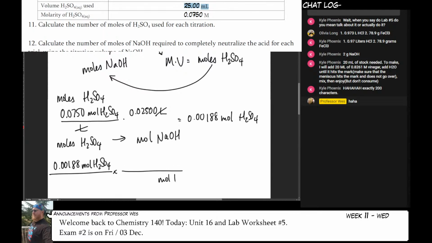And we do that just like all those problems that we've been doing in Unit 16. So I go find the balanced chemical equation, and I've already erased it, but if you write it down, you should remember that there was 1 sulfuric acid per 2 sodium hydroxide. And you would get this as your answer.